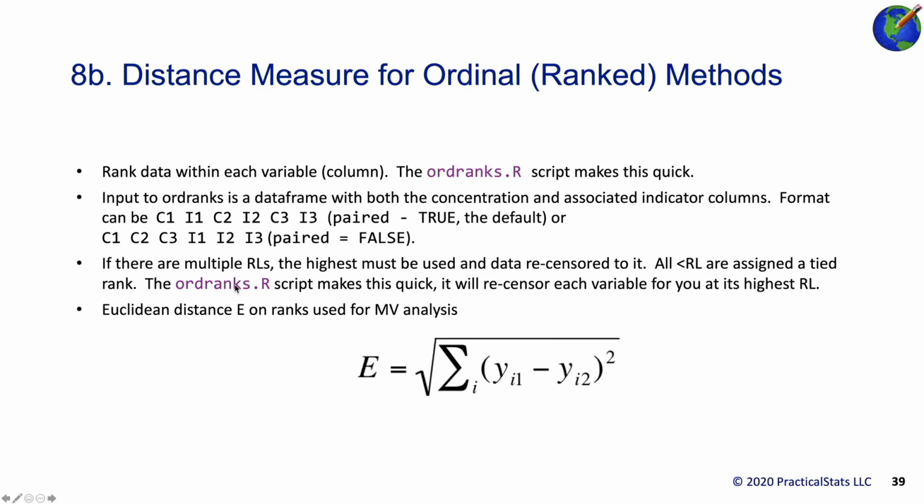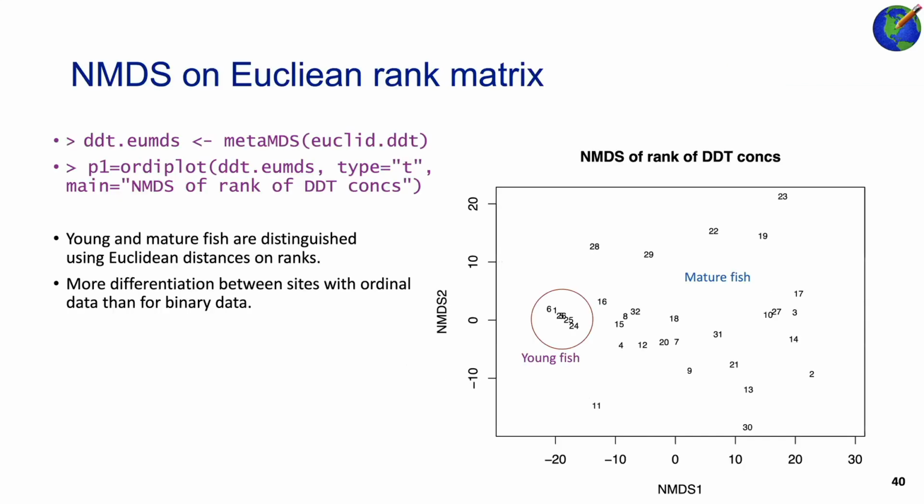You're doing ranking within a variable, not across variables. So each variable could have its own detection limit. This is a 1 detection limit or highest detection limit procedure. But each variable can have its own detection limit.